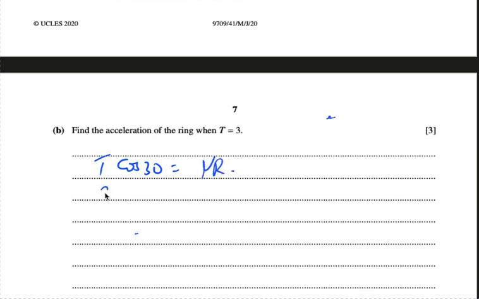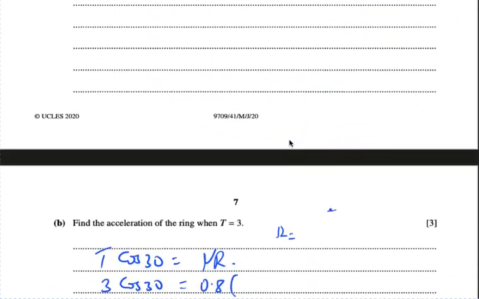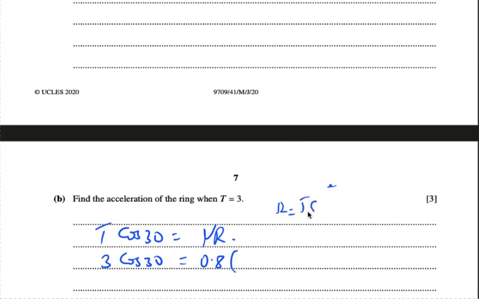Okay, so T is 3 cos 30, and then mu is 0.8, and R was, what was R? Do you still remember? R was T sine 30 plus 0.1 g.